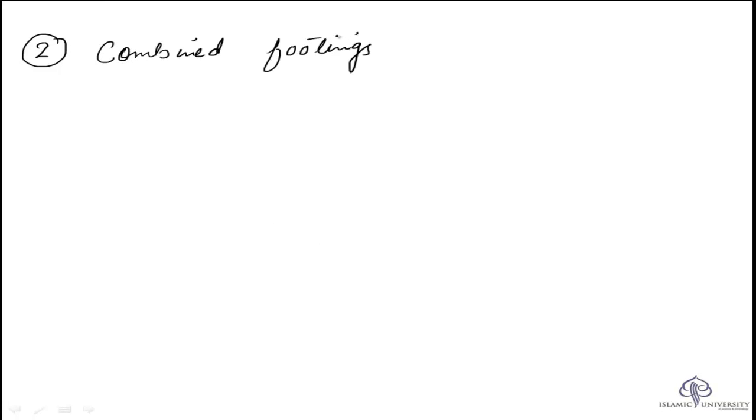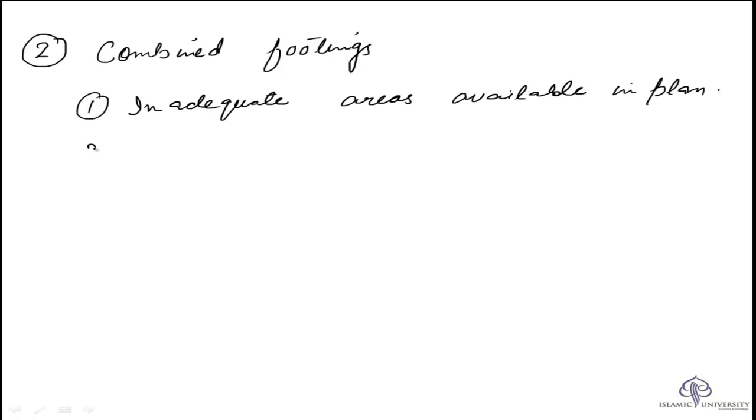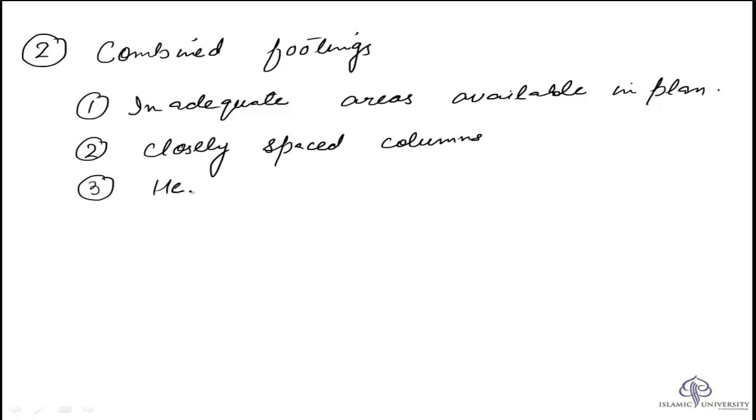Now coming to the second type of shallow foundations, that is combined footings. In some cases, it may be inconvenient to provide separate isolated footing for columns because of inadequate areas available in the plan, sometimes because of closely spaced columns, or maybe because of heavily loaded columns, or maybe because of low bearing capacity of the soil.